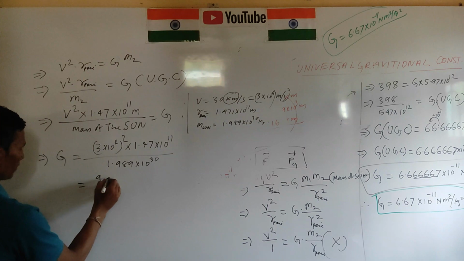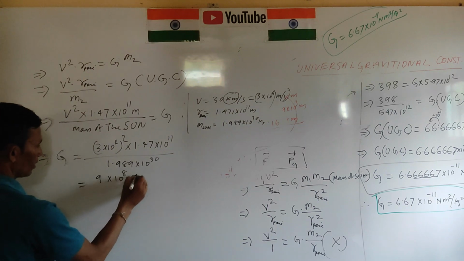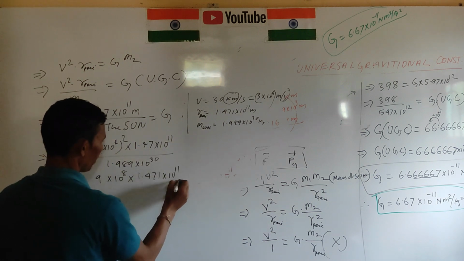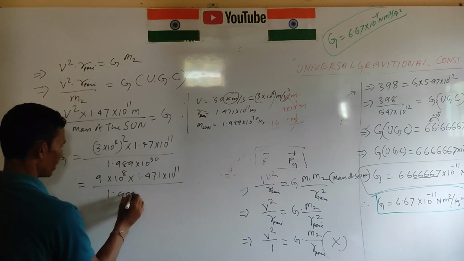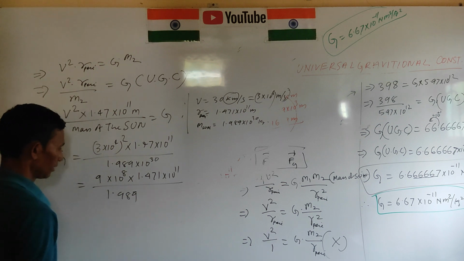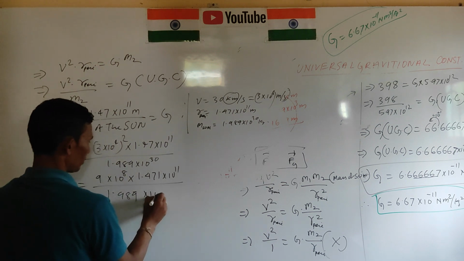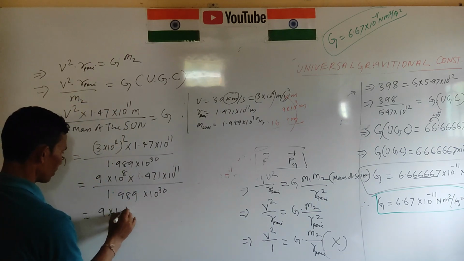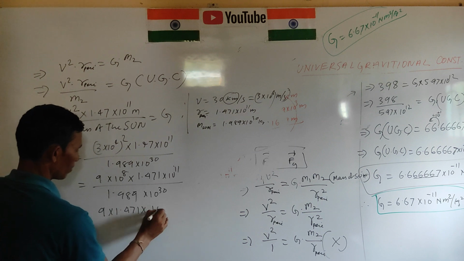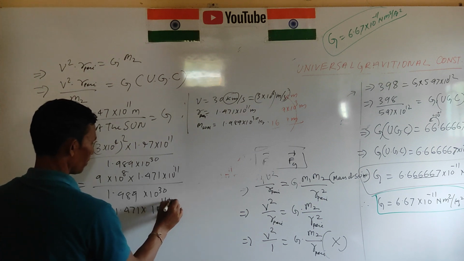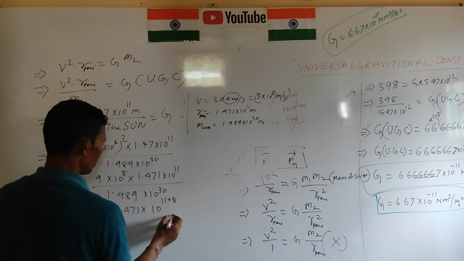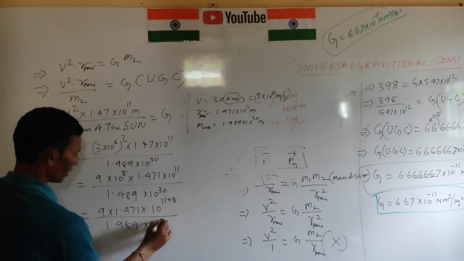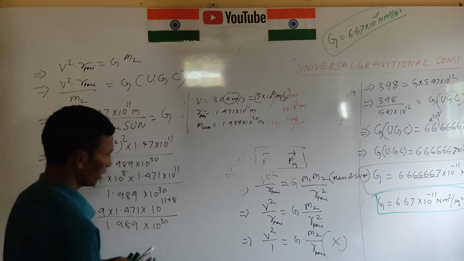This is 9 into 10 to the power 8, 1.471 into 10 to the power 11, and 1.989 into 10 to the power 30. Calculate this one: 9 into 1.471 into 10 to the power 19, and 1.989 into 10 to the power 30.